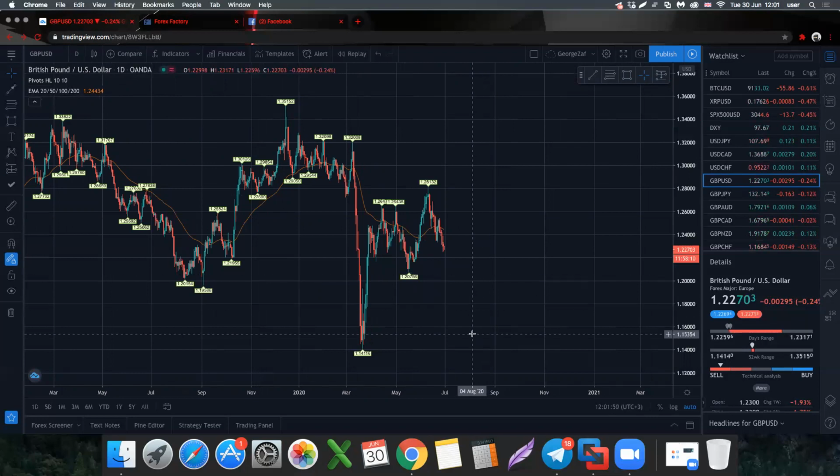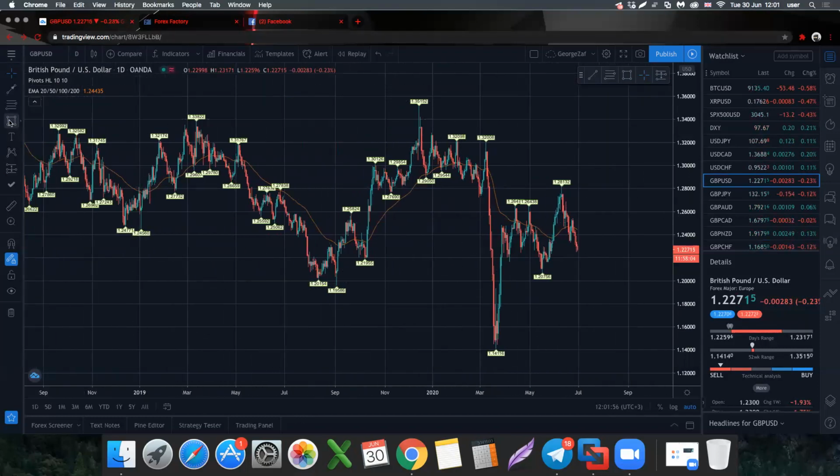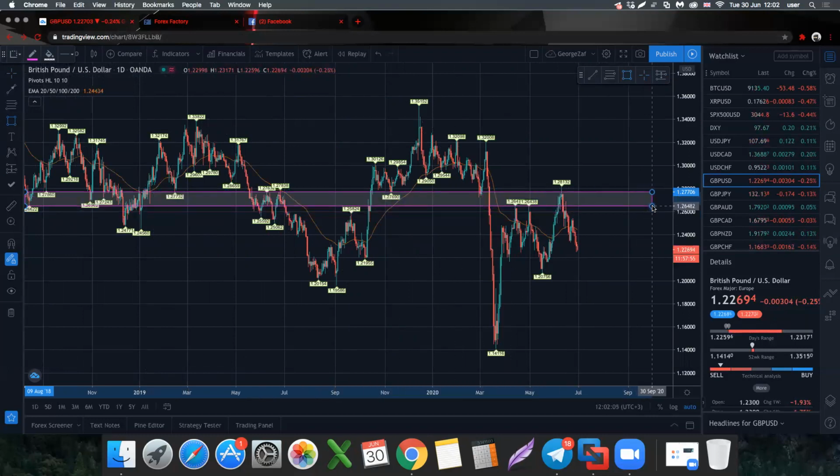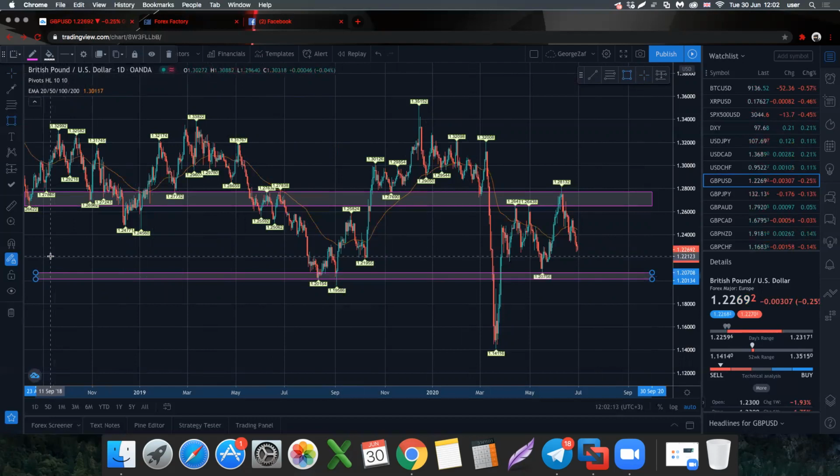Guys, if you have any question, just write it on the chat. So here are also some levels. Let's draw some levels. Wow. Nice one. And here's another one. And there are smaller ones here.